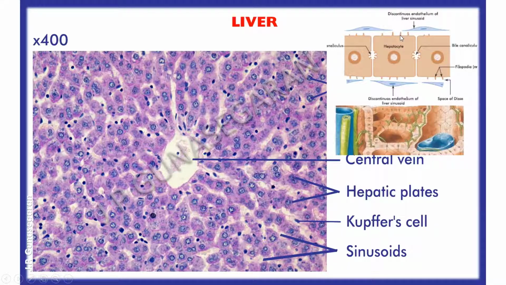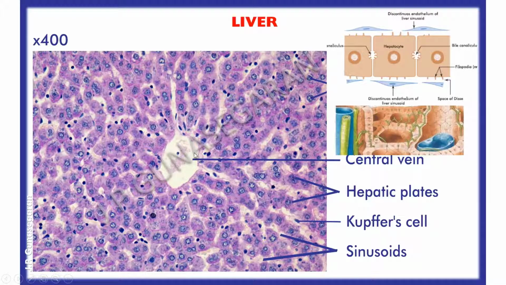This allows exchange of materials like absorbed nutritive materials, oxygen, carbon dioxide, etc. between blood and hepatocytes in an efficient manner. The flow of blood in the sinusoids is from the periphery of the lobule towards the central vein.